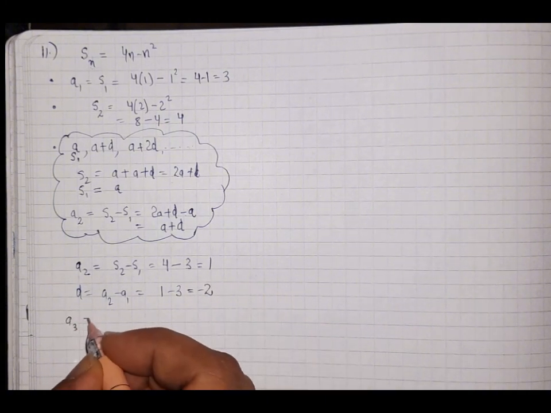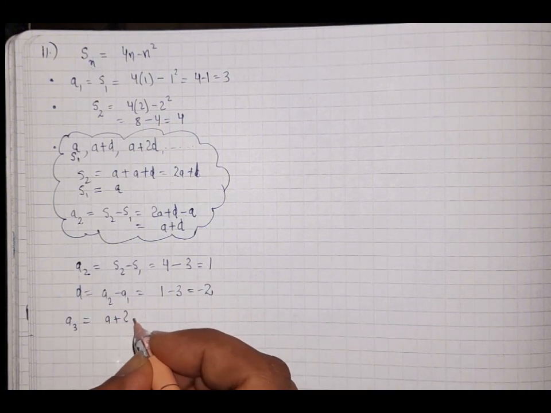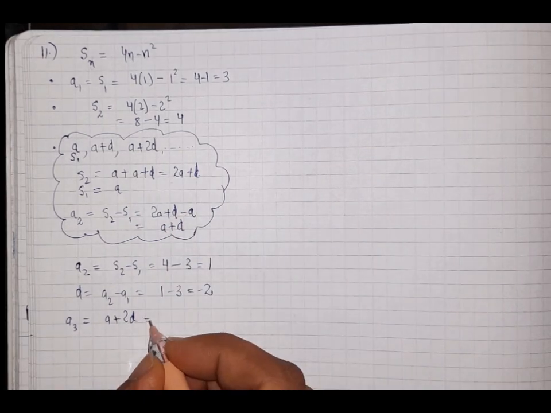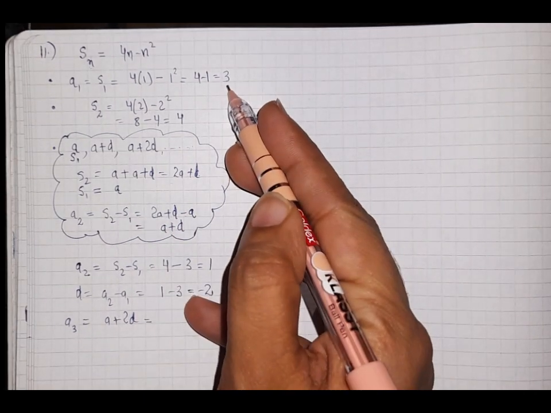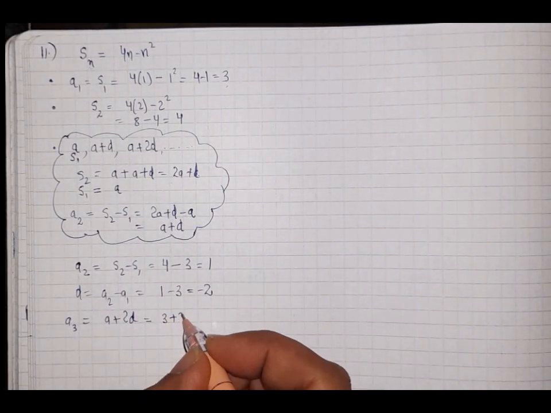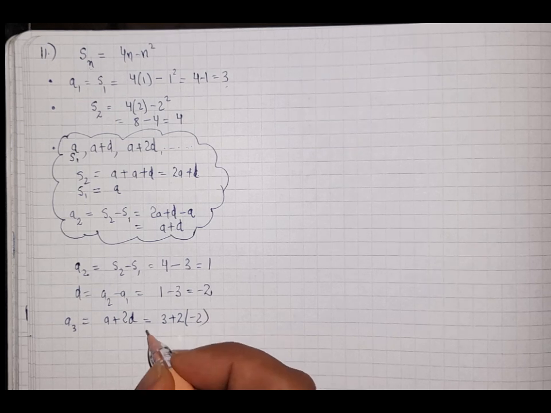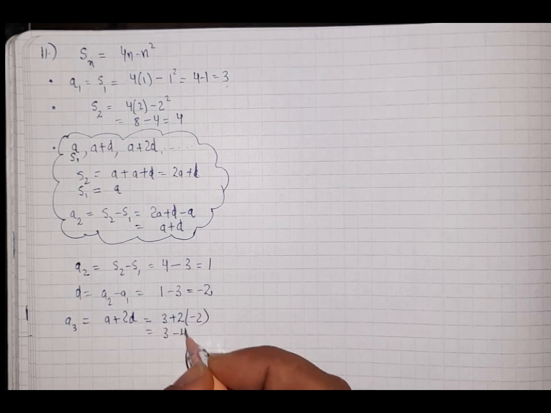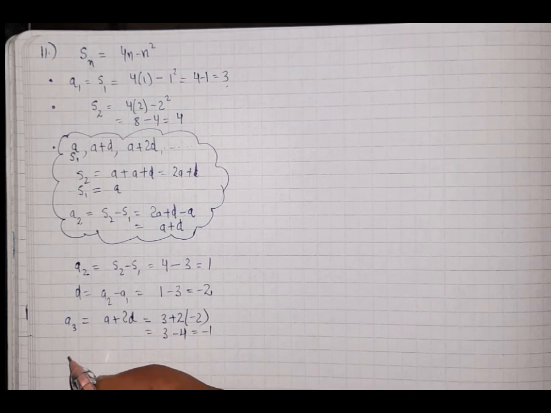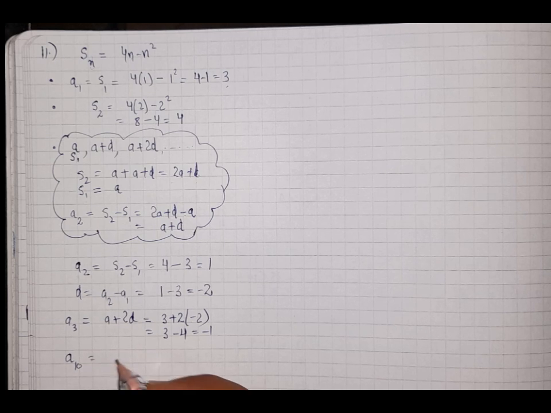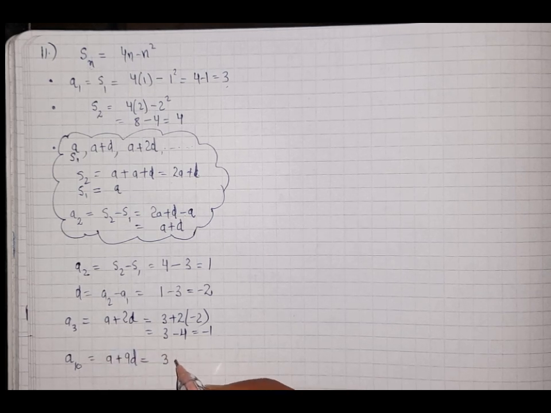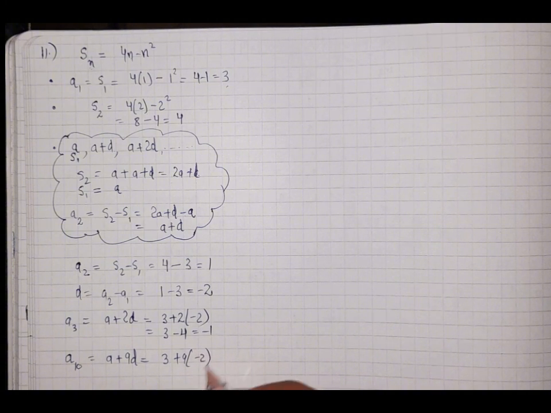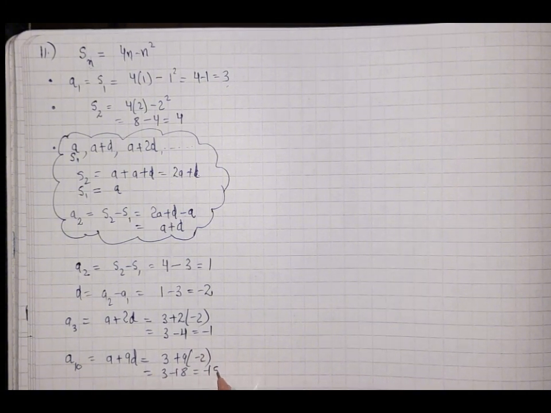Now the third term will be A plus 2D, where A is 3 and D is minus 2. So the third term will be minus 1. Similarly, the 10th term will be A plus 9D, that is 3 plus 9 into minus 2, 3 minus 18 equals minus 15.